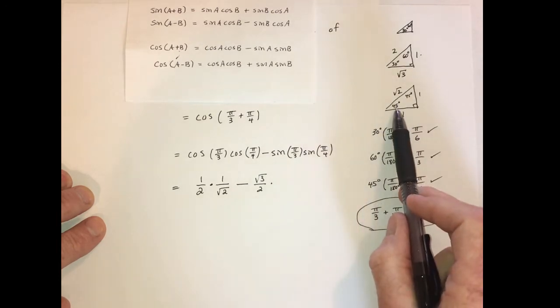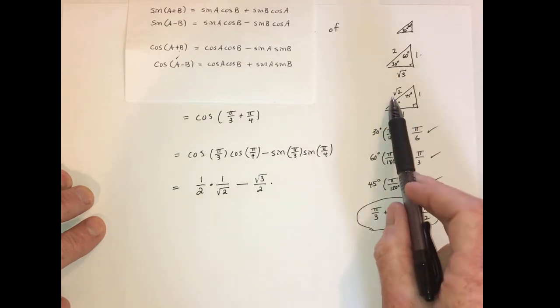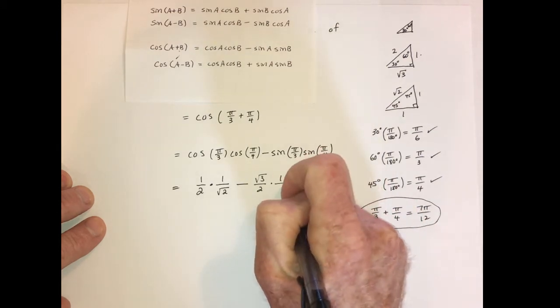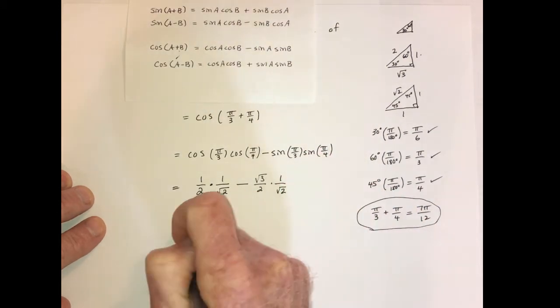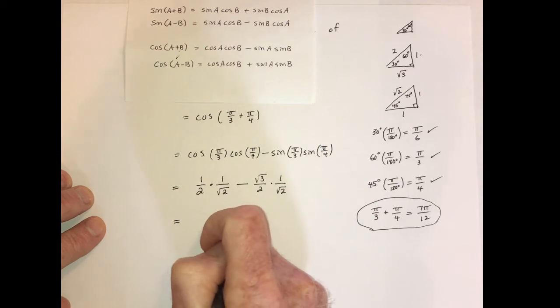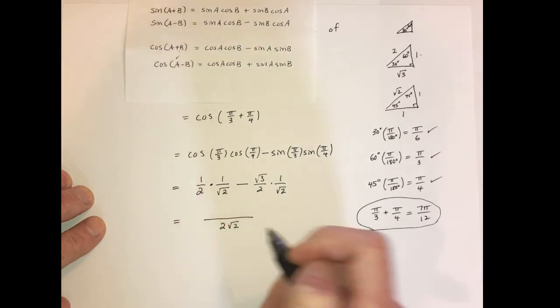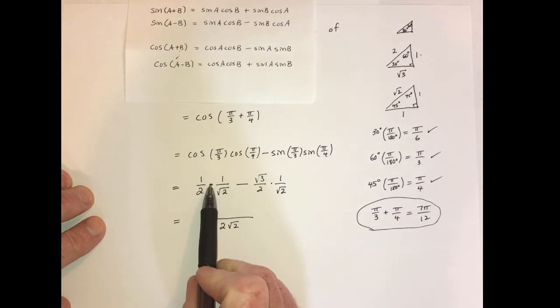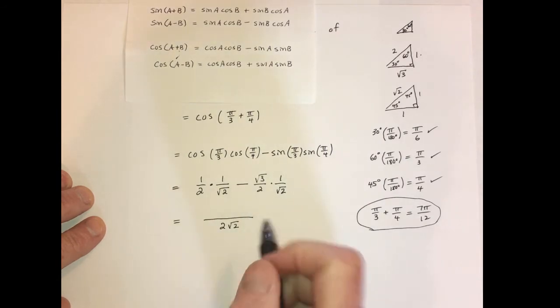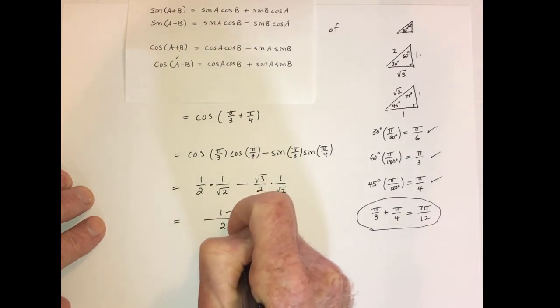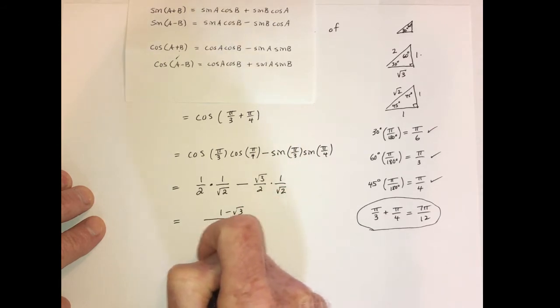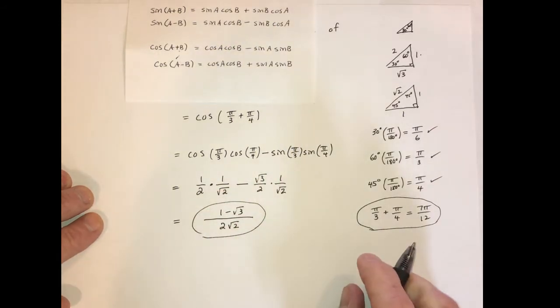So sine of 45 degrees would be opposite over hypotenuse. So that's 1 over the square root of 2. And then they already have a common denominator, 2 square root of 2. For the numerator, this would be 1 and then minus a radical 3. And that is the exact answer.